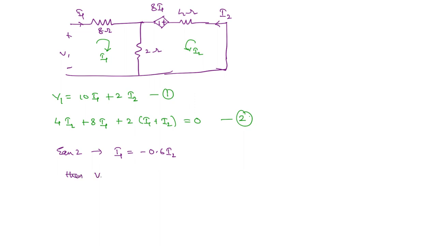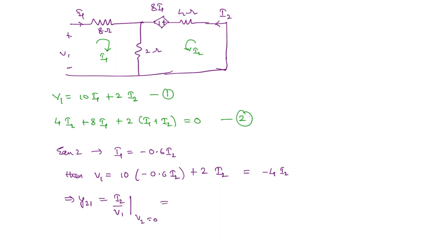Okay. So if you substitute this in equation 1, then V1 is equal to 10 times, in place of I1 you can write minus 0.6 I2. So that now you will get a relationship between V1 and I2. If you want relationship between V1 and I1, then instead of I2 you can substitute in terms of I1. Okay. So this is going to be plus 2 times I2. So this is going to be minus 4I2. So what will be Y21? This is I2 by V1 when V2 is 0.